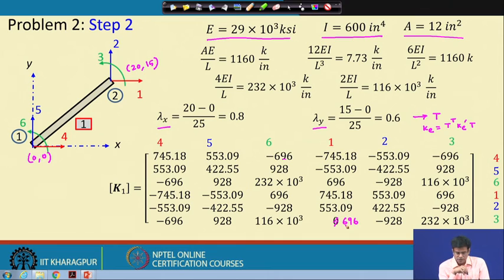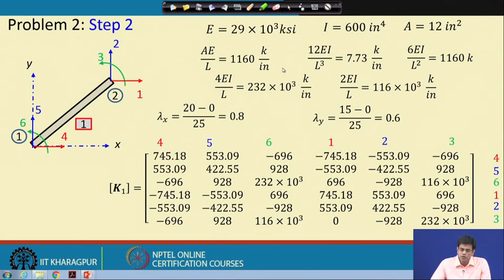The property of the matrix remains the same, but it is not the same form as we have seen for the frame stiffness matrix, because of the non-zero or non-identity transformation.